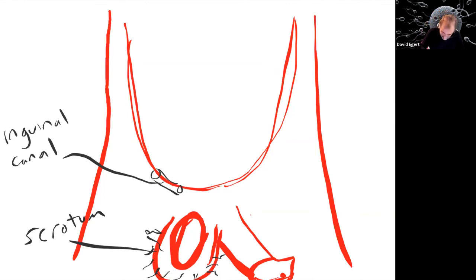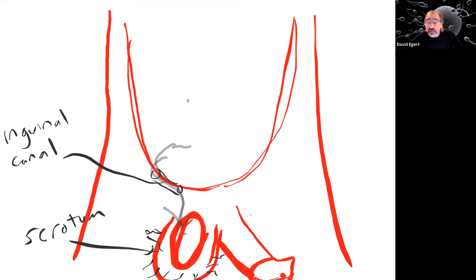So the testes actually get lowered down and end up in a little skin bag here on the inside of the thigh.